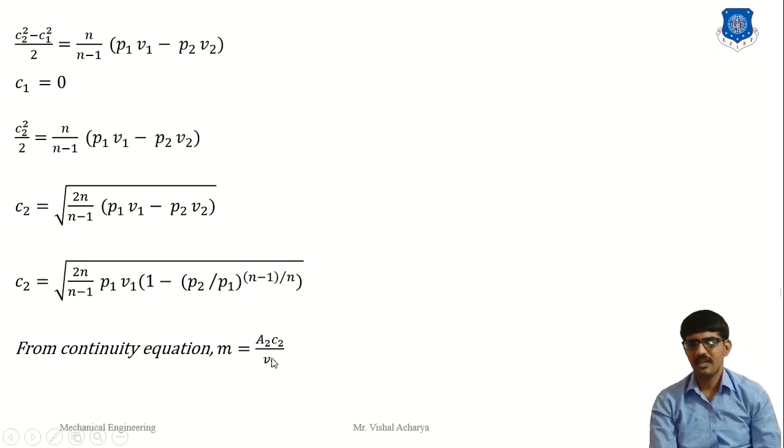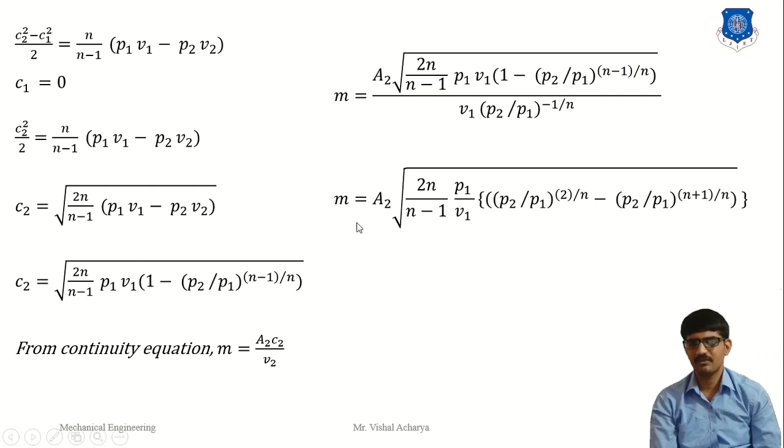We have the area, we have the specific volume, and we have found the velocity. Putting these values in the equation, we get the mass flow rate. The mass flow rate is equal to A2 into the square root of 2n upon n minus 1 P1 V1 (1 minus (P2 by P1) raised to (n minus 1) upon n), divided by V1 (P2 by P1) raised to minus 1 by n. This is the outlet velocity C2, and this is the specific volume at the outlet condition.